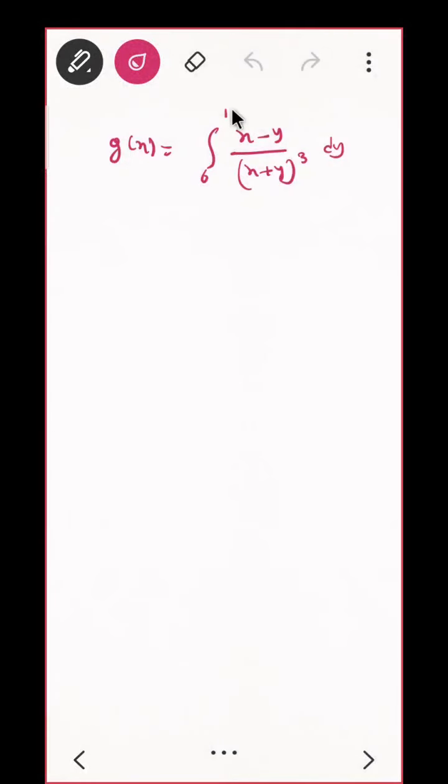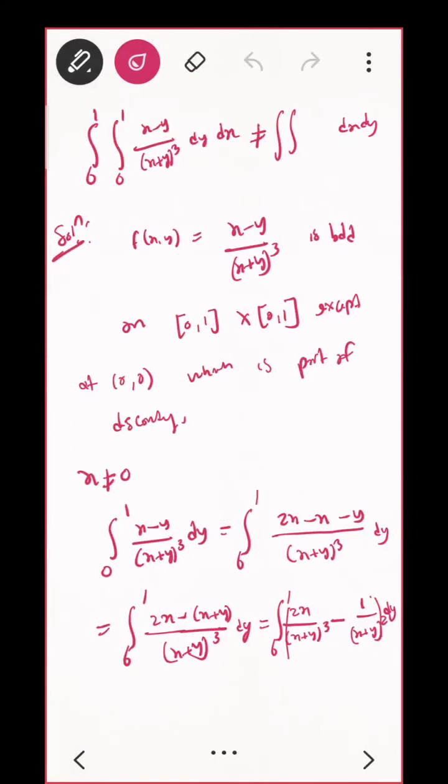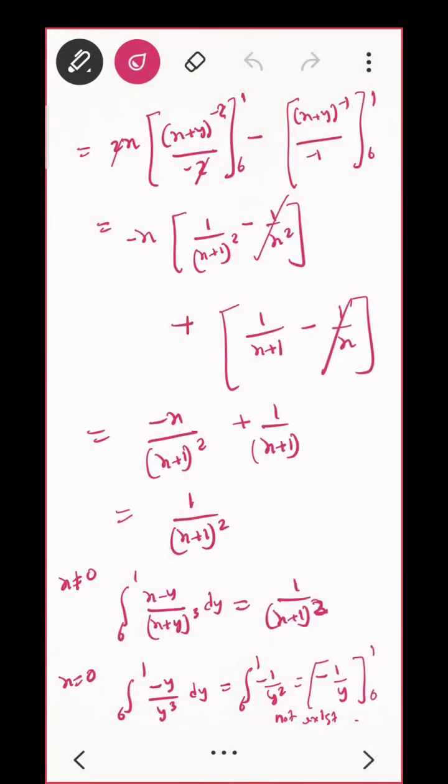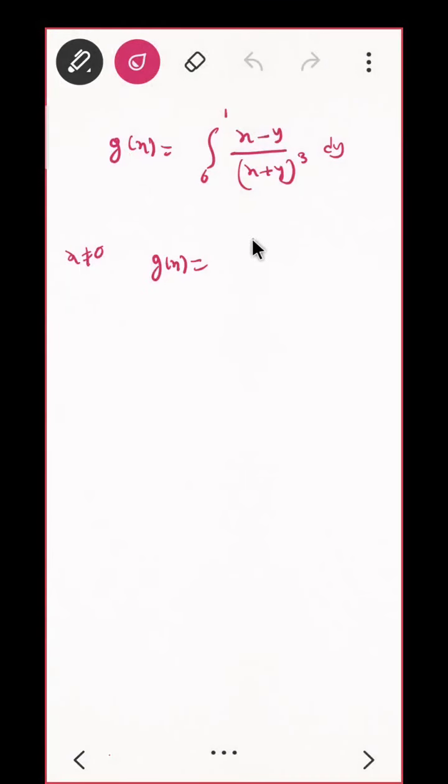So that is g of x equal to the integral from 0 to 1 of (x minus y) upon (x plus y) the whole cube dy. We found that if x is not equal to 0, then g of x is 1 upon (x plus 1) the whole square.